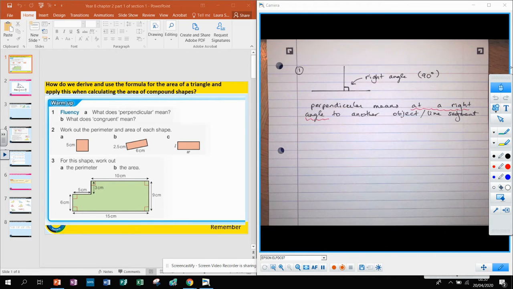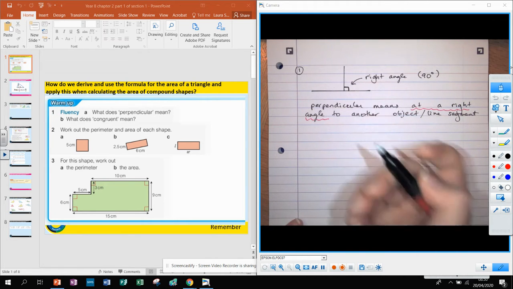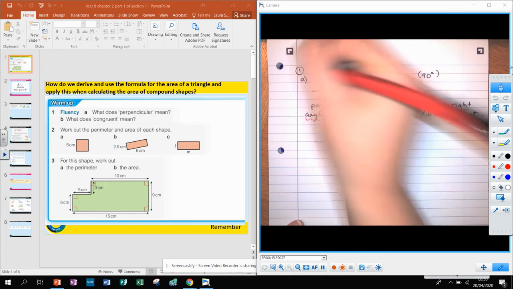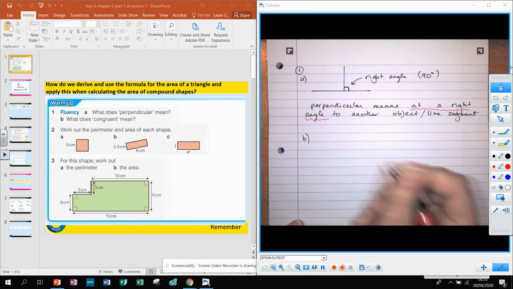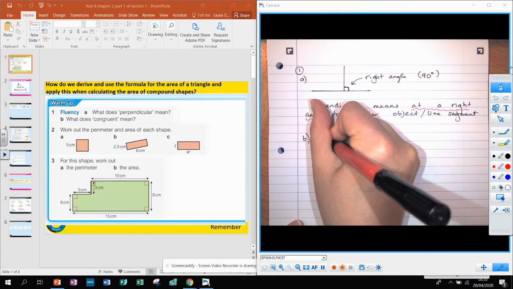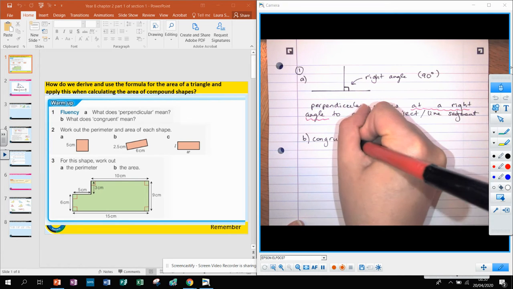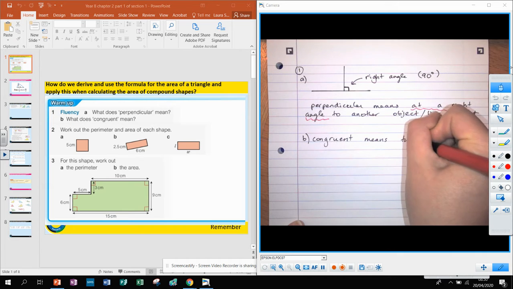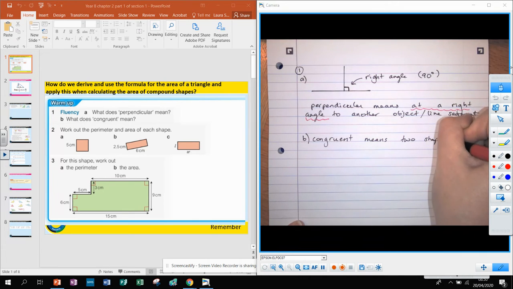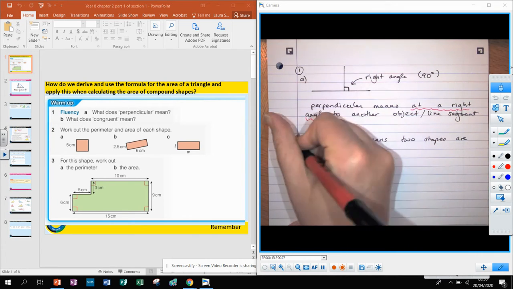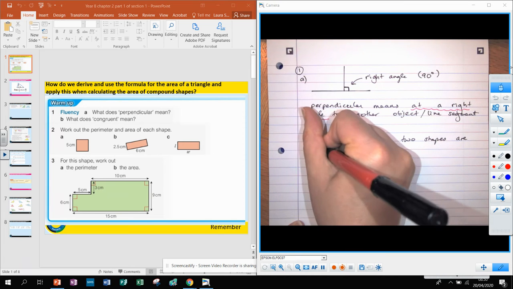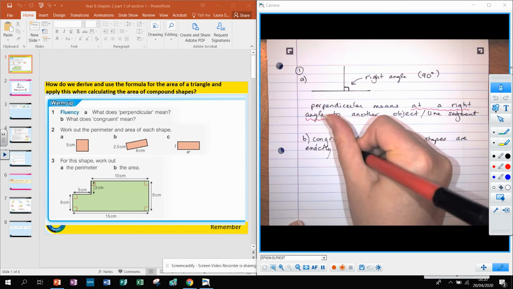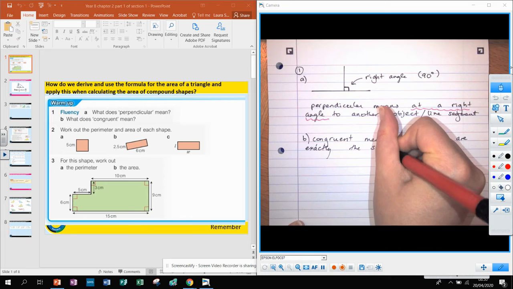Then it says, what does congruent mean? Well, actually, congruent means exactly the same. And we are talking about shapes. So it means that two shapes are exactly the same.